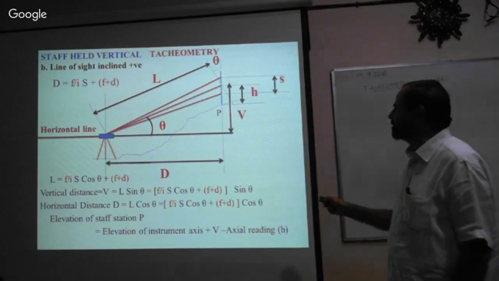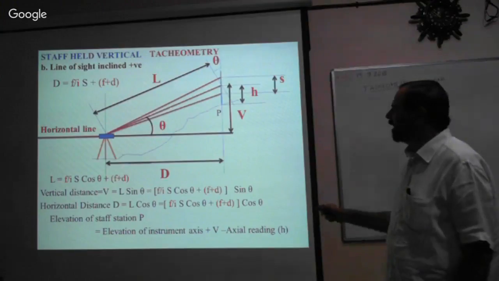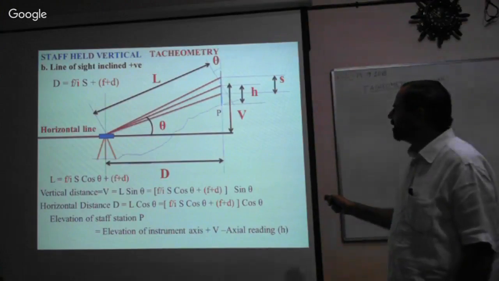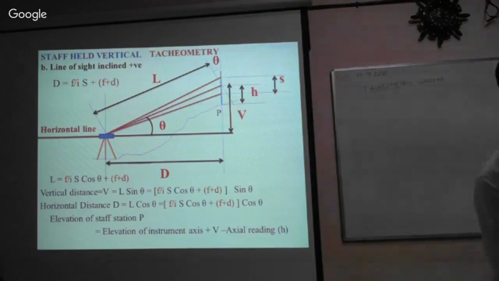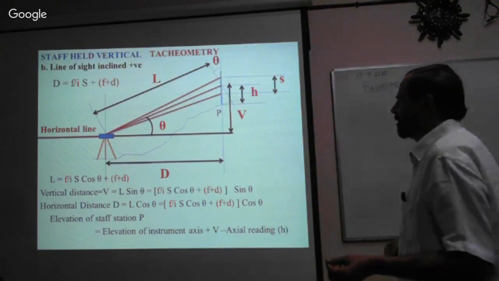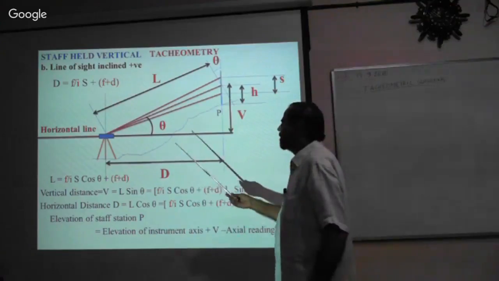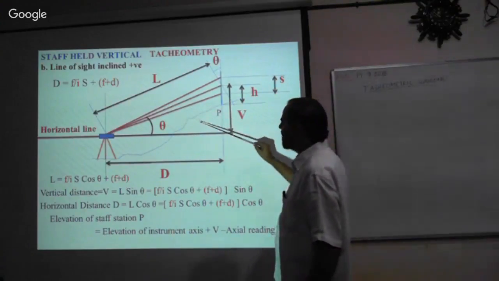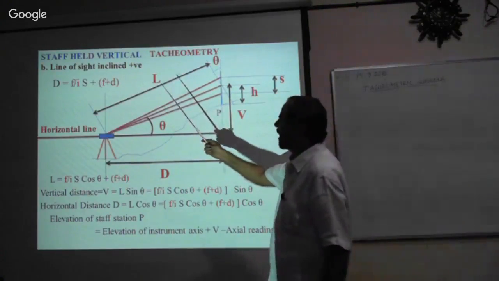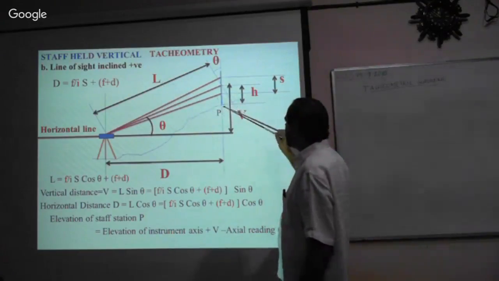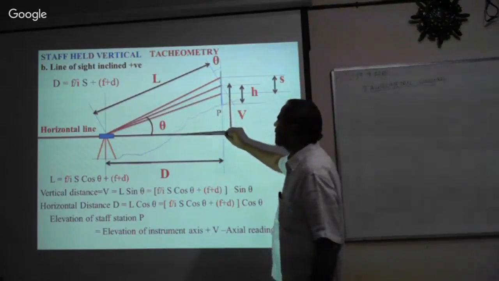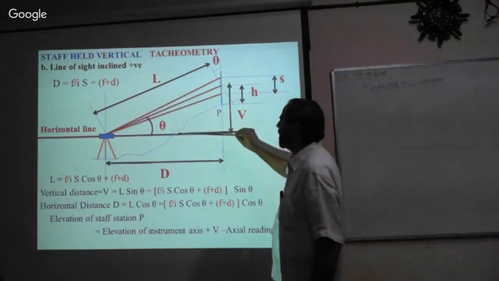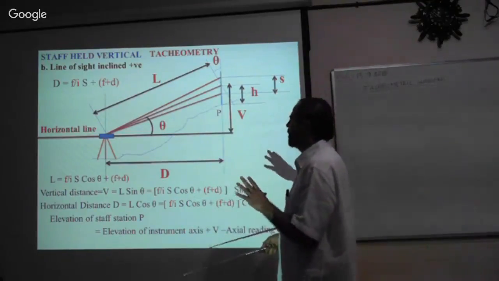Please note, the line of sight is inclined, and the angle is the angle of elevation. This is not a horizontal line of sight. Now these are the three situations we have.